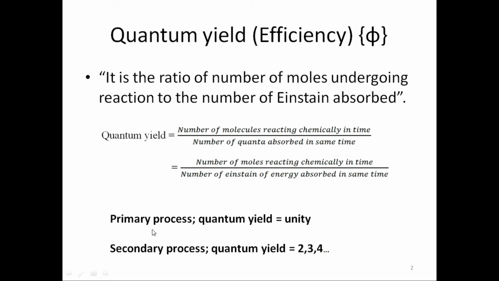Normally it is considered that each molecule will absorb one quantum of radiation. So one molecule needs one quantum of radiation to take part in a chemical reaction. Whenever we convert molecules into moles, we know 1 mole equals Avogadro number of molecules.